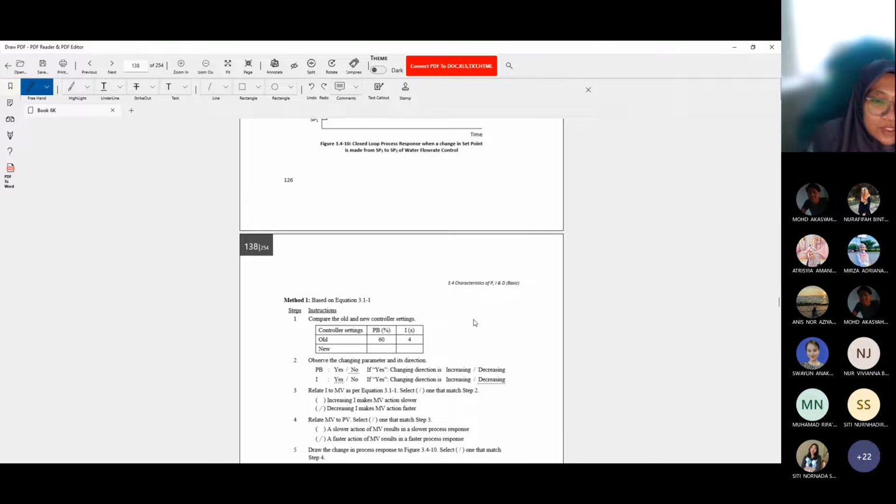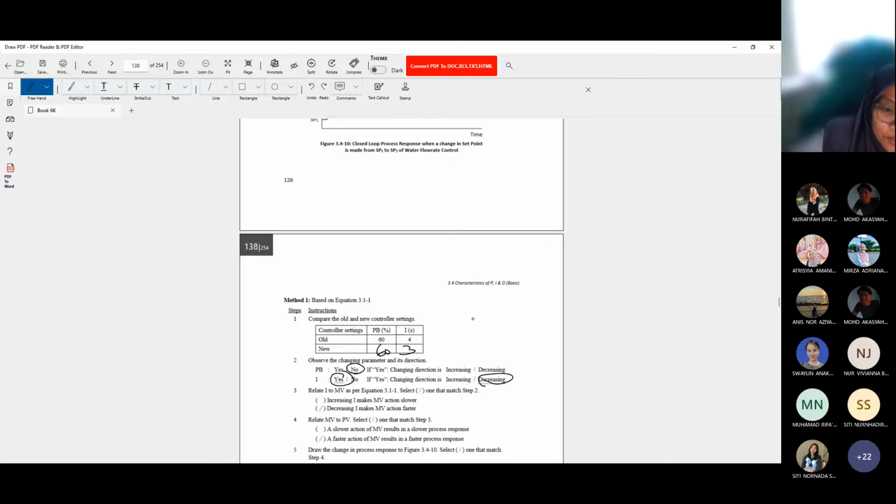Okay, so we enter the values 60 and 3. The change occurs at I only, same as before. So is the change decreasing or increasing? Decrease. Decreasing.